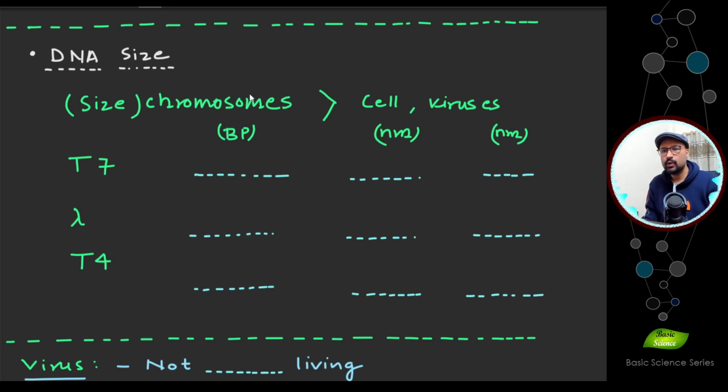So when we talk about the size of the DNA, obviously it is going to be much smaller because it is inside the cell. It's in the range of nanometers.